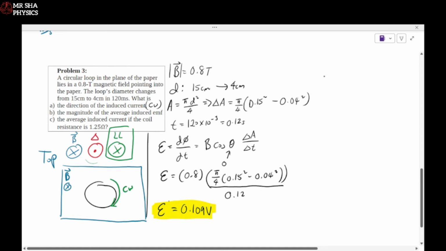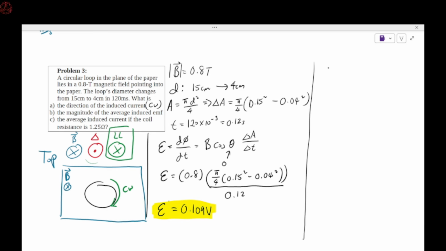And then we can proceed to average induced current, right? Just remember that we can just apply Ohm's law here. So that means my epsilon induced equals my I induced times R. My R is 1.25, so that means my I induced equals epsilon induced over R, which is simply 0.109 divided by 1.25 ohms.